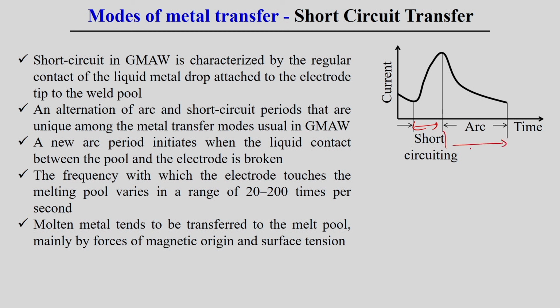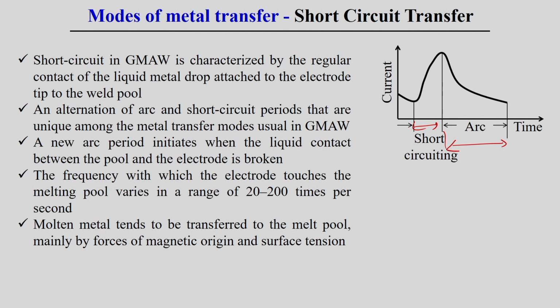There is an alternation of the arc and the short circuit period. We can see that this is the short circuit period and this is the creation of the arc. This alternates, and over the arc period an arc gap is maintained.